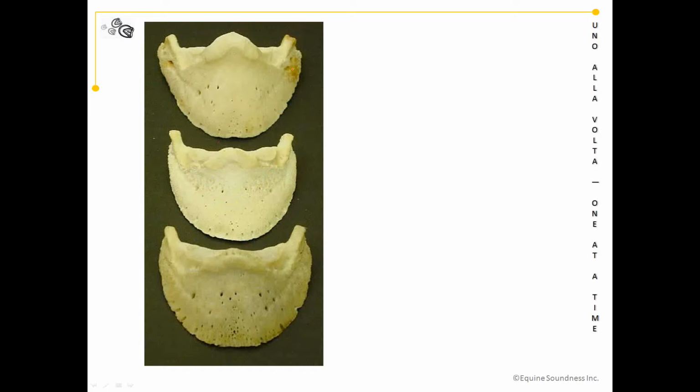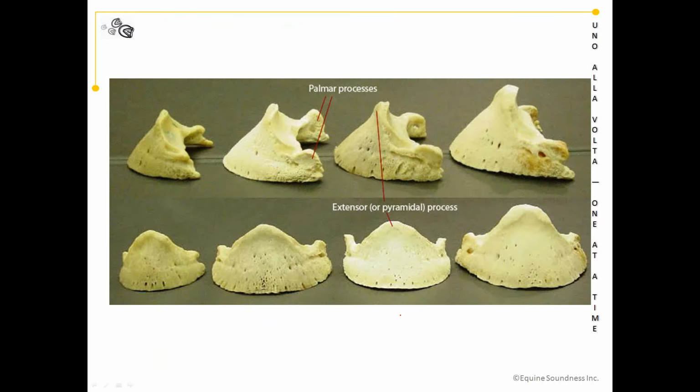Different coffin bones, different shapes from above. And here we have the same coffin bones in a collage from the side and then from the front.